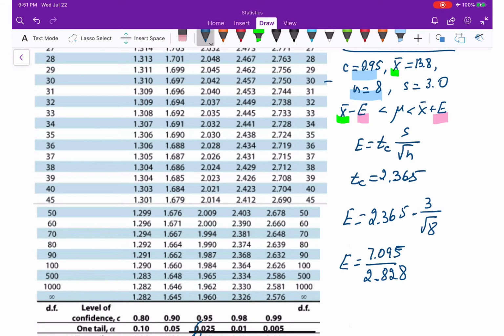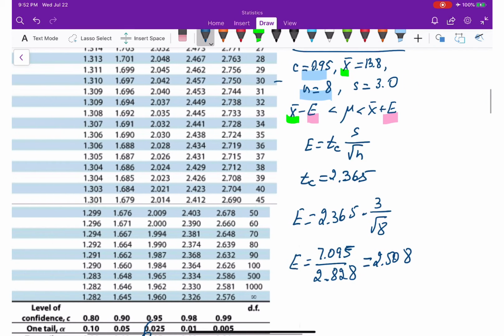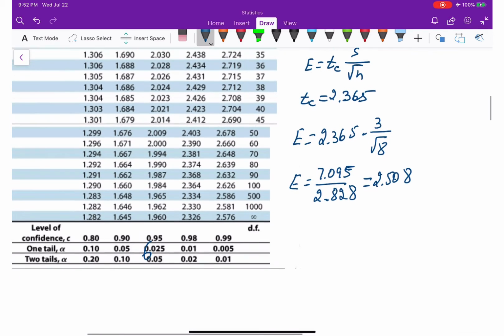Although I told you always use 6 digits, but when you have given number or t-score, in this case we have only 3 digits, then you can round up till 3 digits. Unless all numbers you are calculating, then you keep all 6 digits, okay? All right, so this is gonna be equal 2.508.